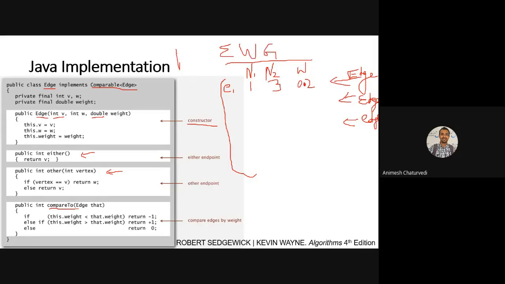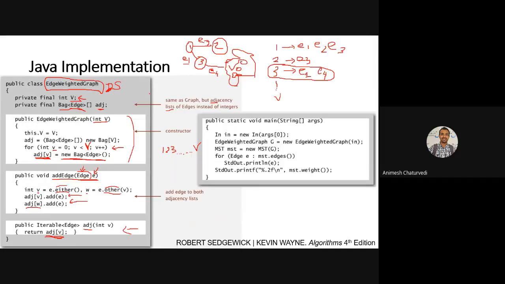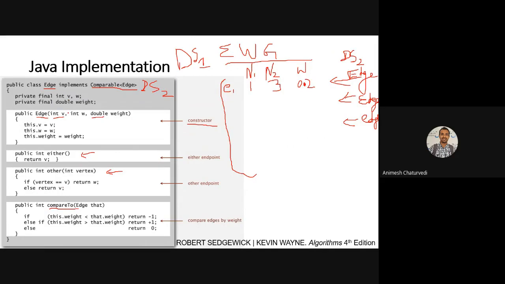This is data structure 1 that we had discussed, and this is data structure 2 that we are discussing just now. So this is DS2 and this is DS1. And there is one more data structure that you missed out, this bag. If you want, you can go and study it. This is the way you define the adjacency list. We will not discuss this bag. So this is how this whole thing was being done.